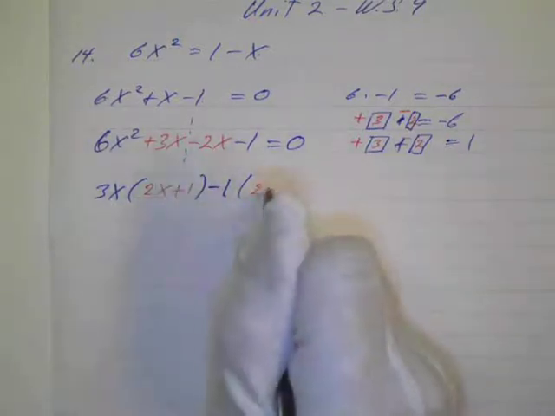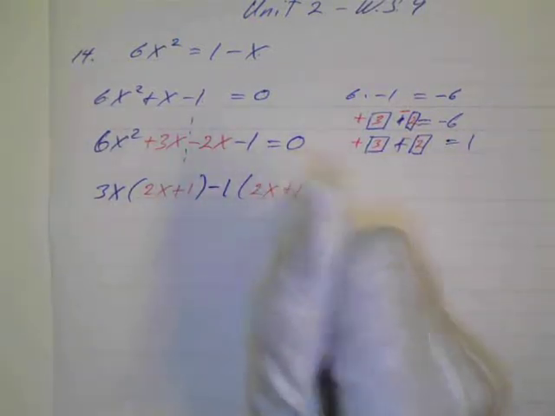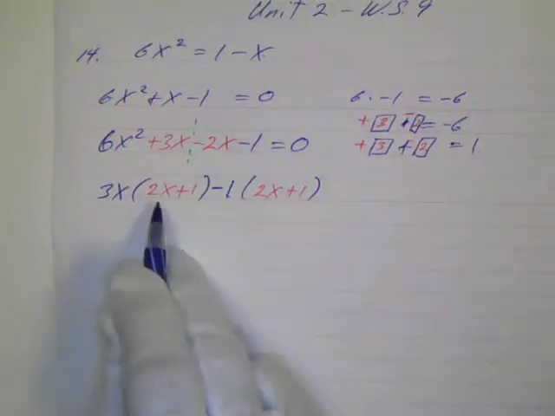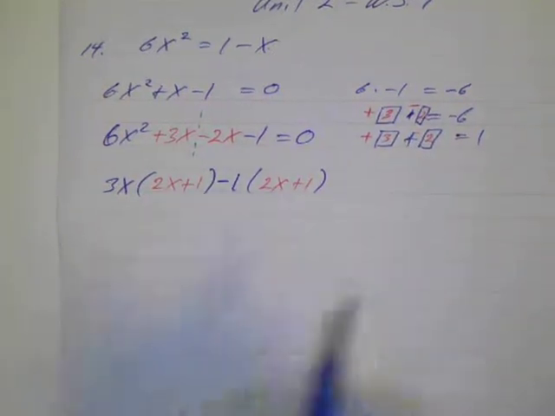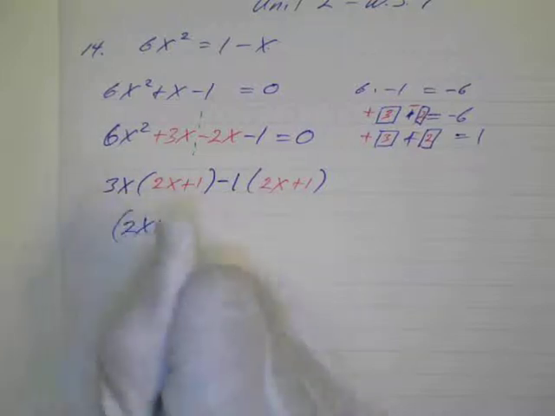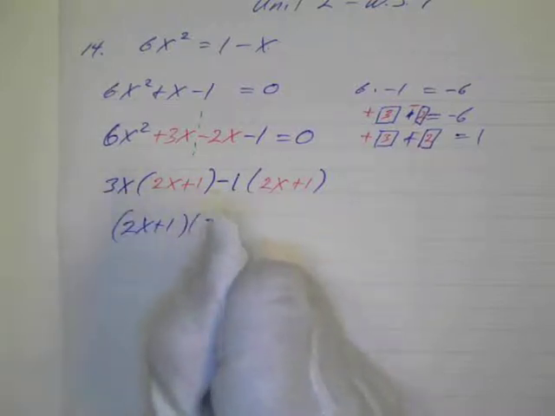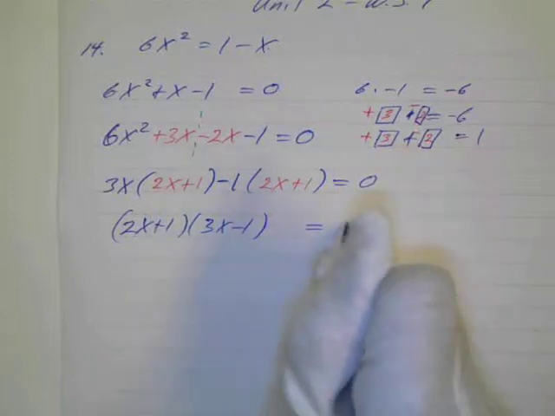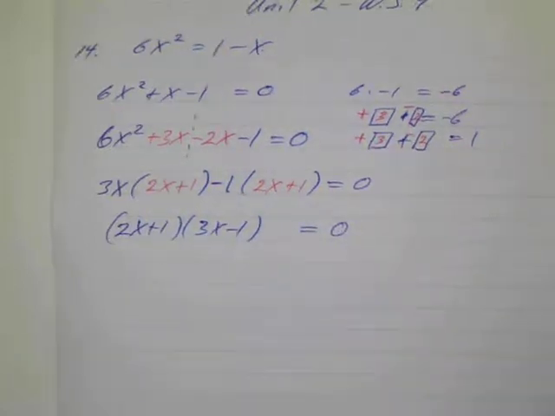Well, 2x. And if I factor out a negative, I got plus 1. So you see the same thing there. And then now we have a common binomial factor of 2x plus 1, so we'll factor that out. 2x plus 1, and what's left? 3x minus 1. And again, these are equal to 0 because we're dealing with an equation.